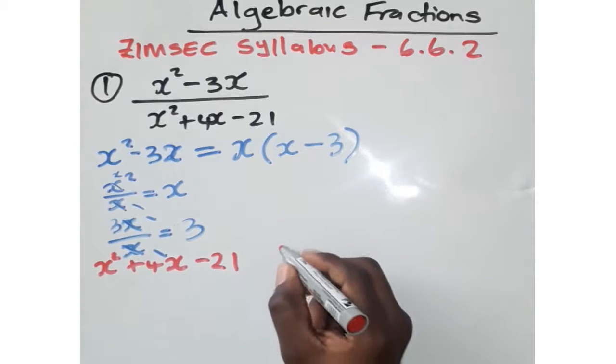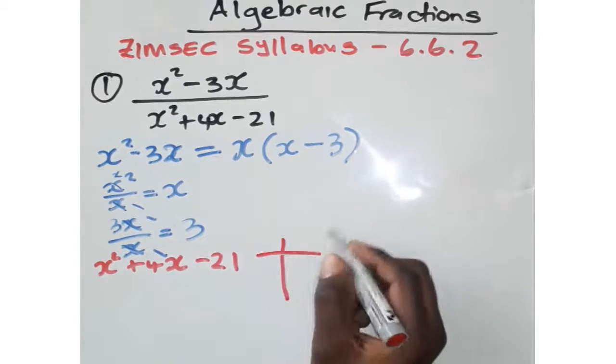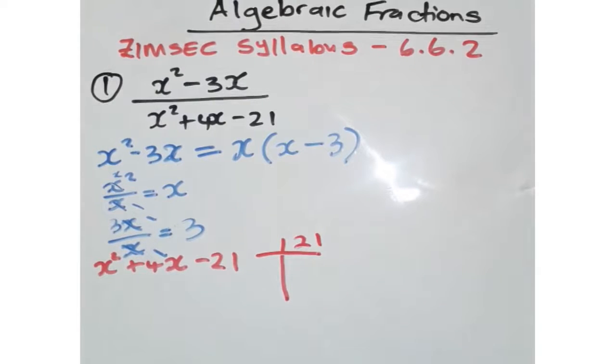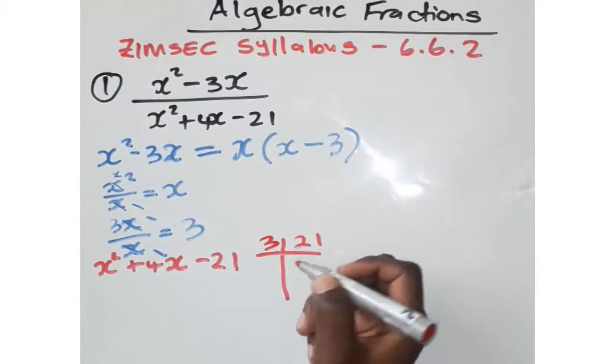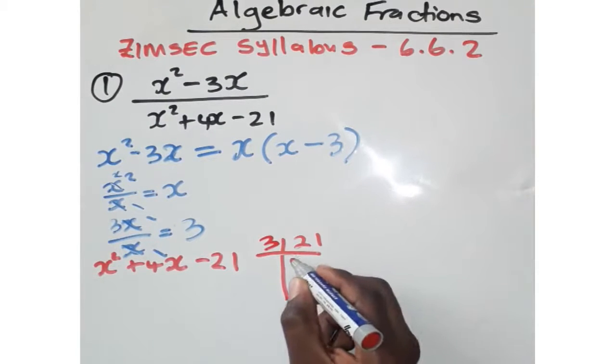So we draw our little table here and we write 21. What we're now trying to do is to look for the smallest number other than 1 that can divide into 21 without leaving a remainder. So it definitely can't be 2, but 3 can. So we're now saying 21 divided by 3. What do we get? We get 7.